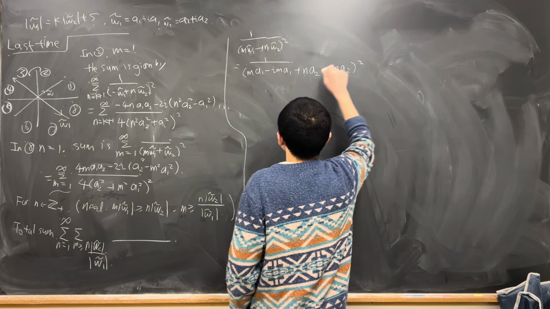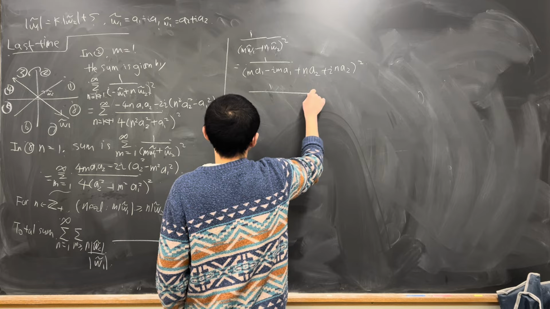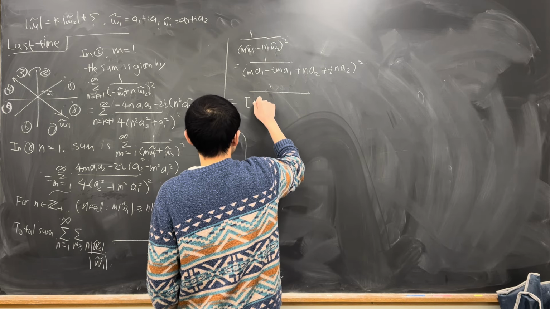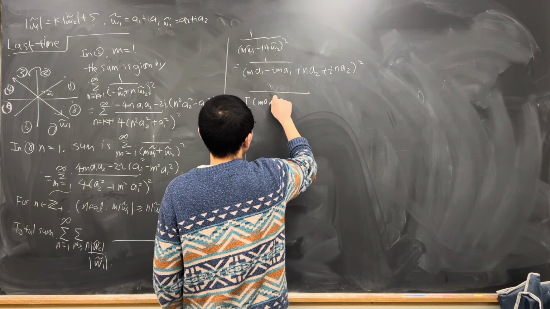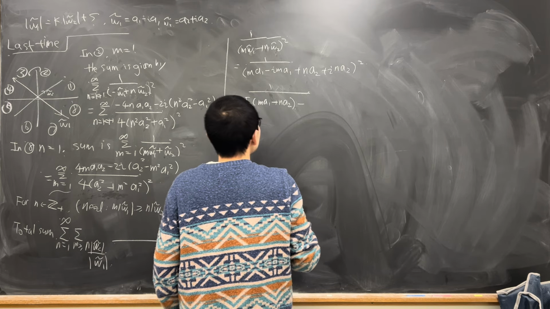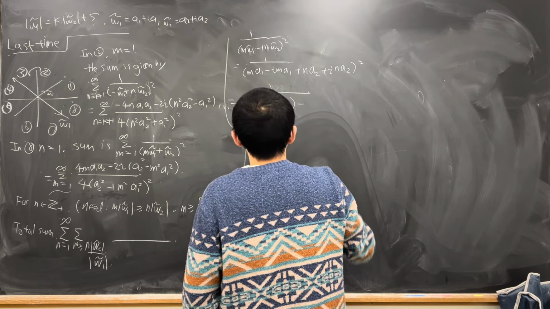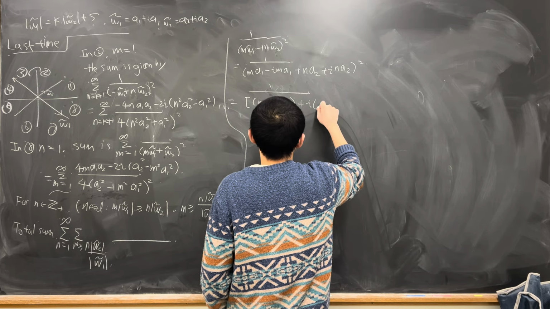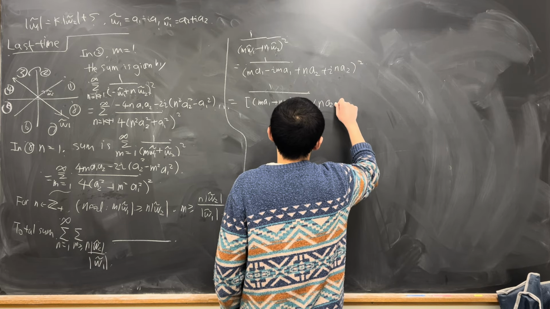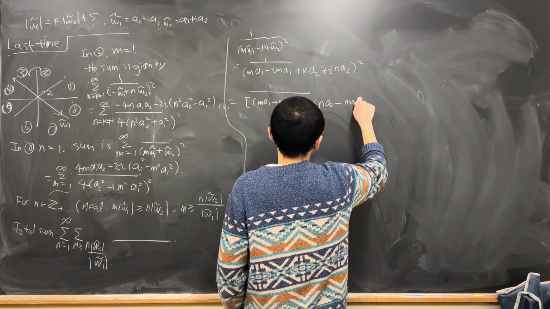Okay. So this is equal to 1 over. Okay, so here first you have the real coefficient as mA1 plus nA2, right? And then plus, let's subtract i from this one, nA2 minus mA1.